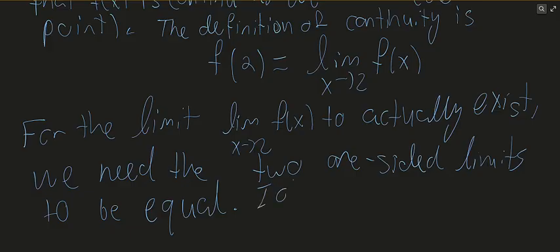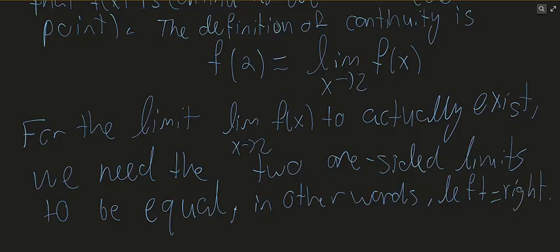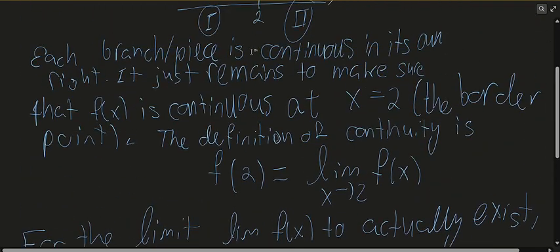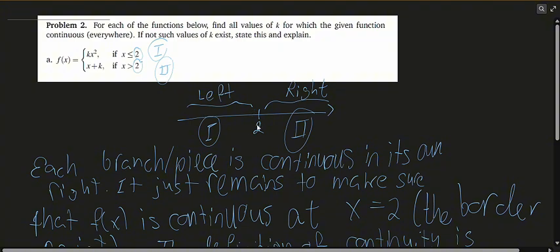In other words, left equals right. Now let's take a look. If you look at this axis of numbers, the left of the point 2 is what's labeled left, that's less than 2, and what's to the right is greater than 2.